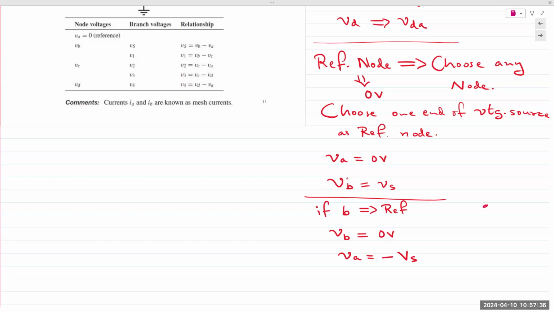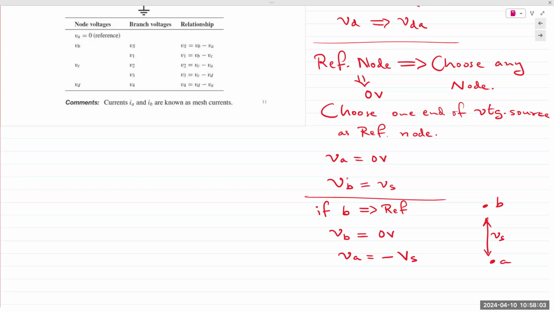Again, the illustration was A and B, and the distance between the two is VS. If you're looking down from B, it's minus VS. If you're looking up from A, it's plus VS. It doesn't matter. To keep things simple, you might want to choose the negative end of the voltage source as your reference. That would give you a plus VS at the other end.